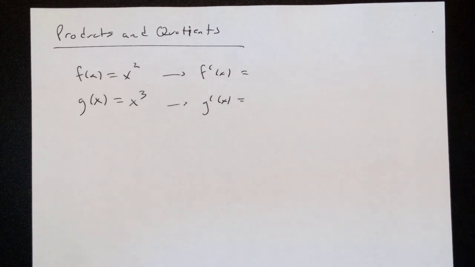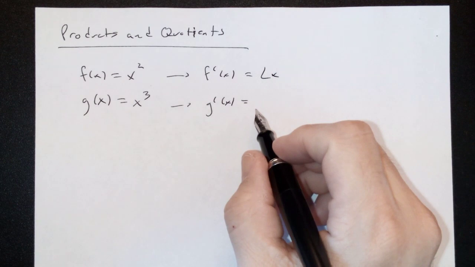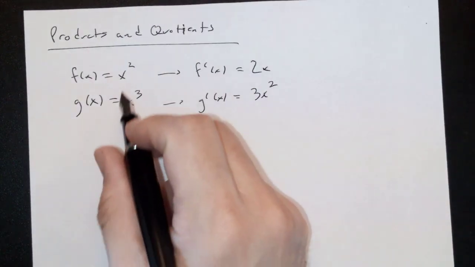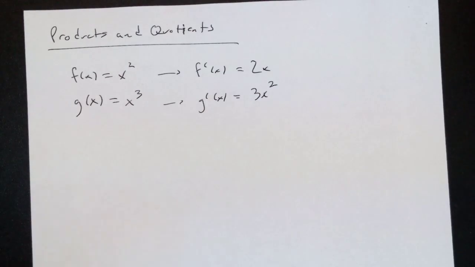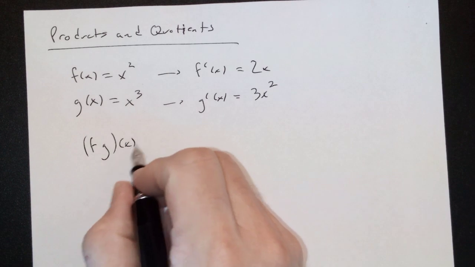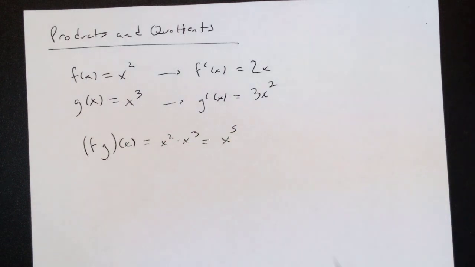I've got x squared. What's the derivative of x squared? Derivative of x cubed. What's the derivative of x cubed? So if I were to take x cubed times x squared, I get x to the fifth.